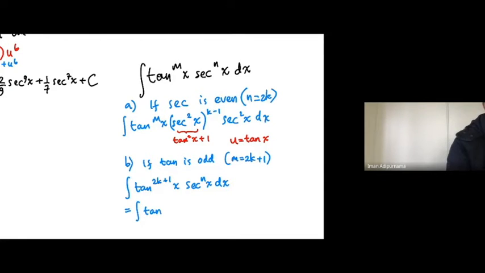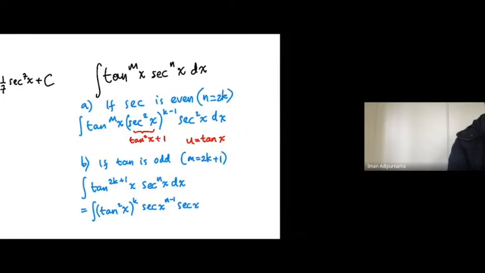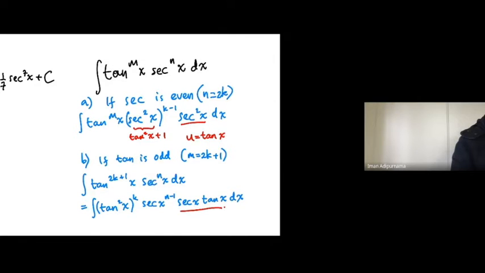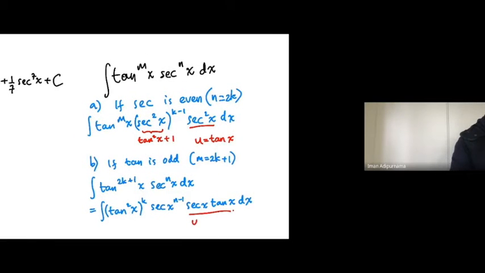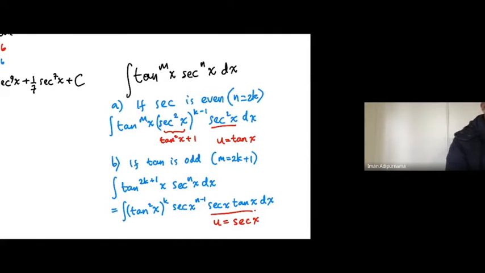This becomes tangent squared x to the k, and then the other one will be secant x to the n minus 1, and then the other part is secant x and tangent x. So from here you can make the conclusion that this substitution should be secant x. And this should be secant squared x minus 1.